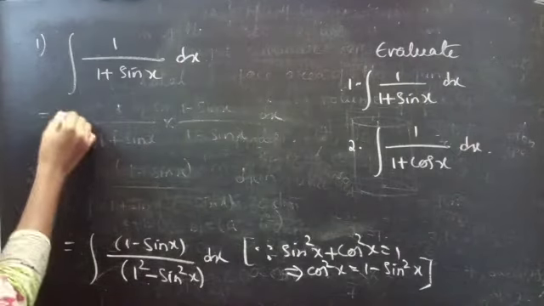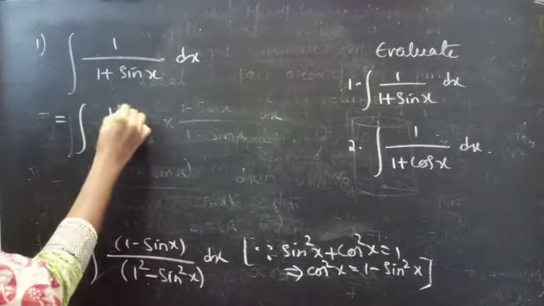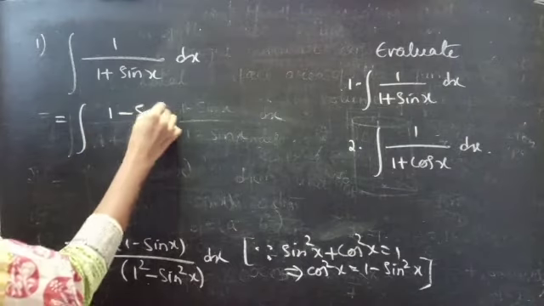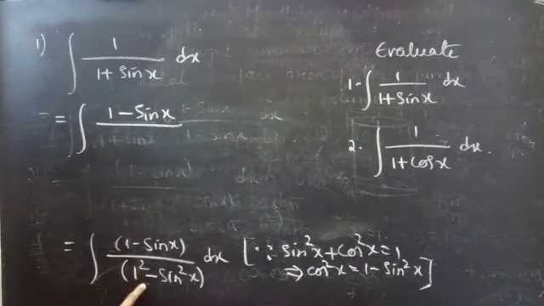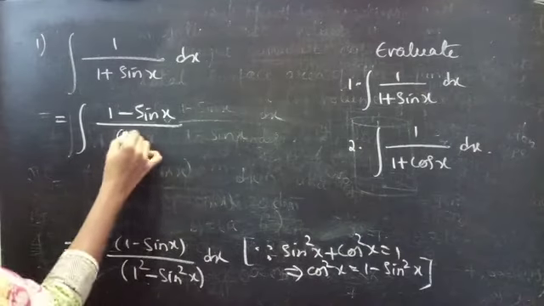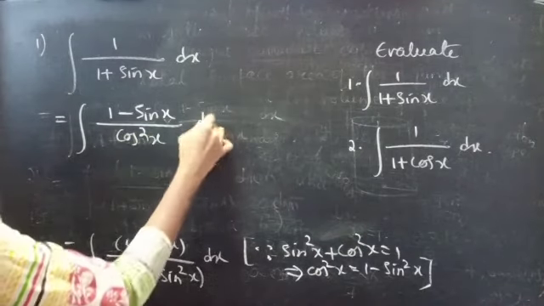So this equals the integral of 1 minus sin x by, now we replace 1 minus sin square x with cos square x, dx.